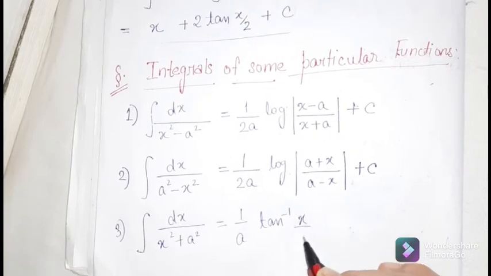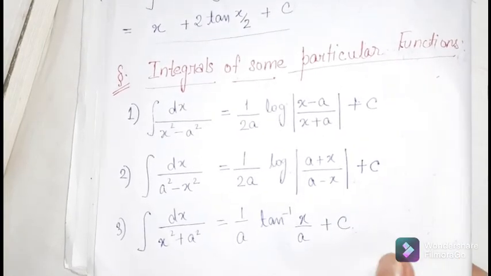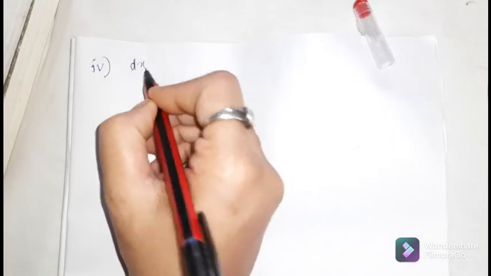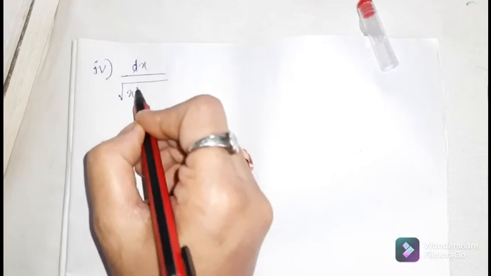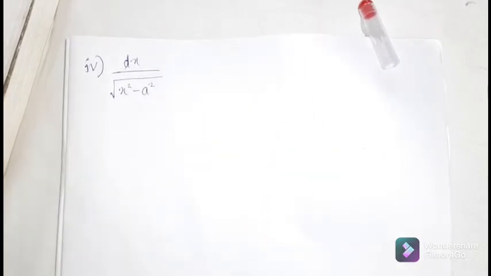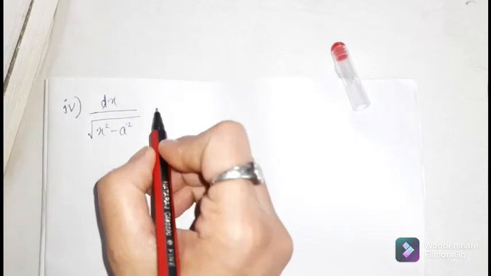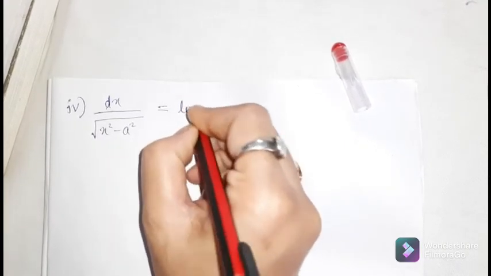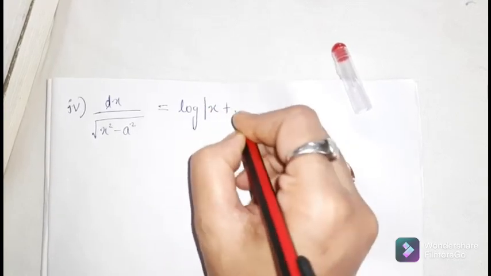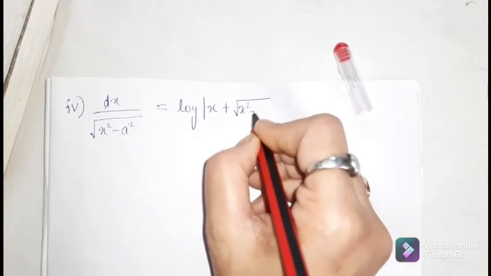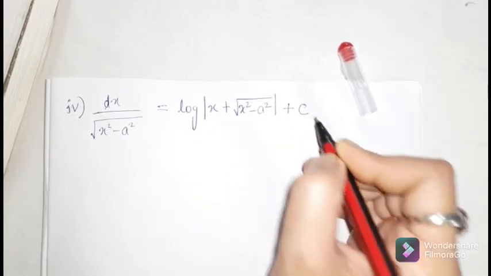Tan inverse x by a plus c. Next one, dx by root over x square minus a square, and this is equal to log of x plus root over x square minus a square plus c.